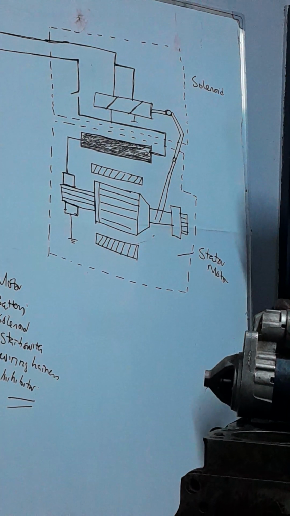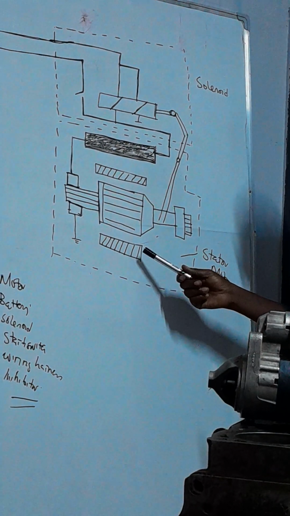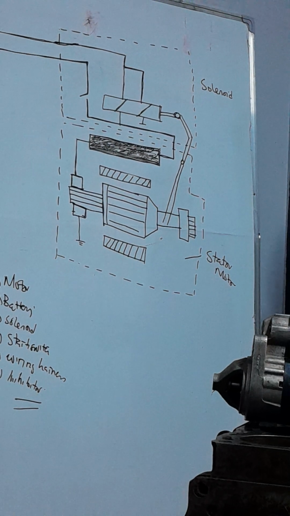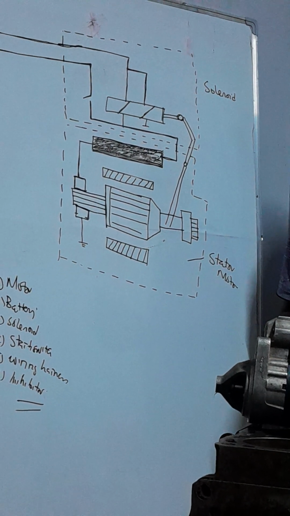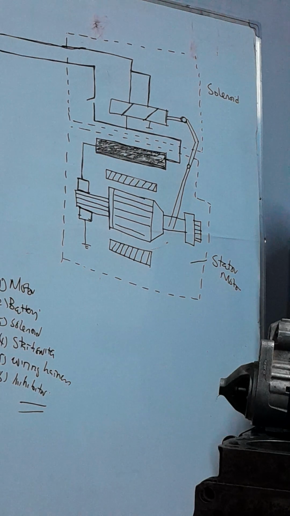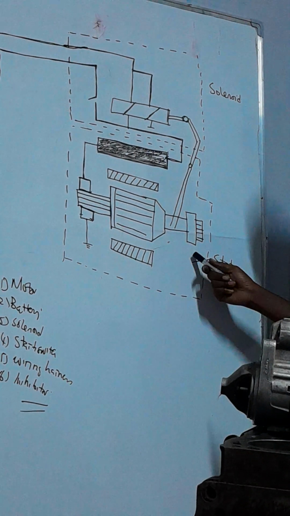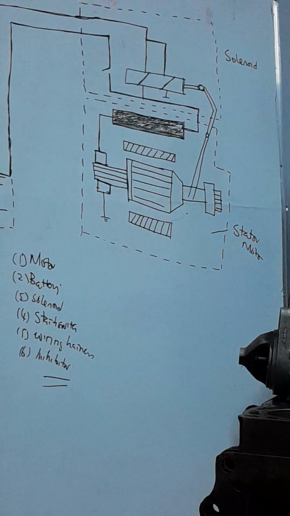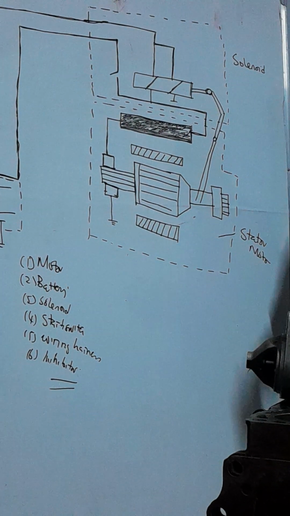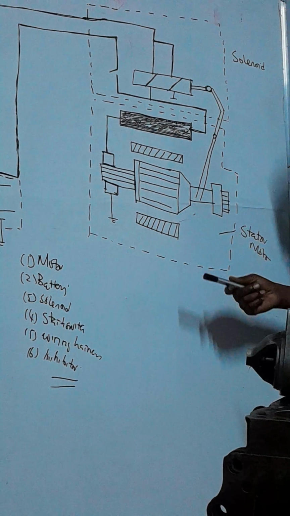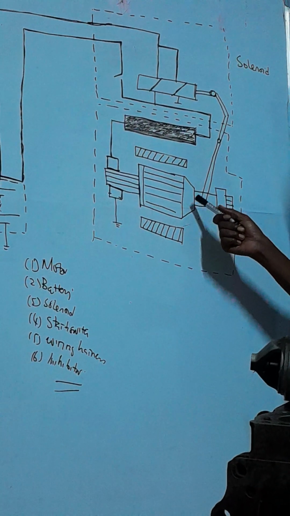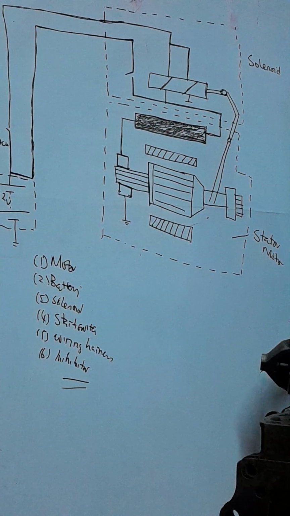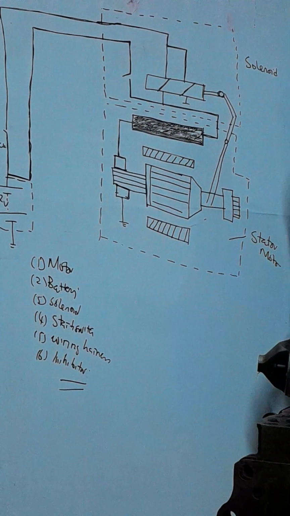A series motor is suitable for cranking the engine because generally it has this very important characteristic of having a high torque at low speeds. It has a very high leverage of turning effort when it's turning slowly. That is, if it faces cranking resistance, the higher the cranking resistance, the greater the turning effect produced by this motor until it breaks through and rolls over the engine, then it runs on its own power.